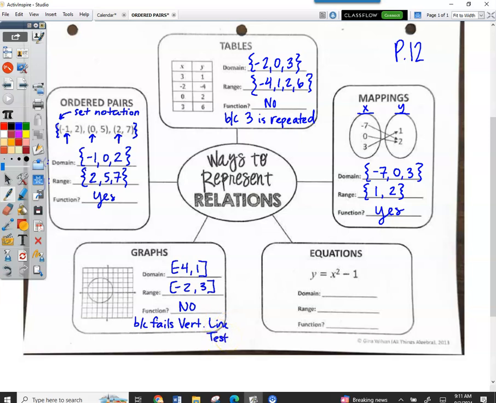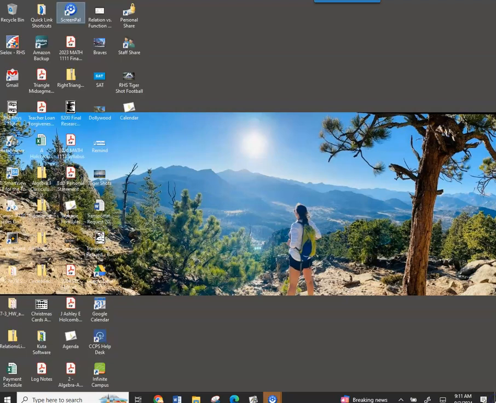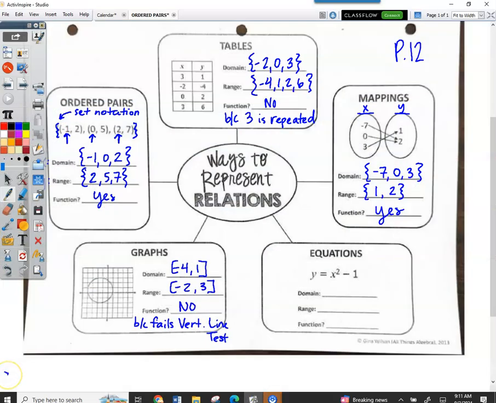All right, last one's going to require your graphing calculator. Go to your graphing calculator. We're also going to be using the Desmos graphing calculator from time to time. Right now, we're just going to use ours.